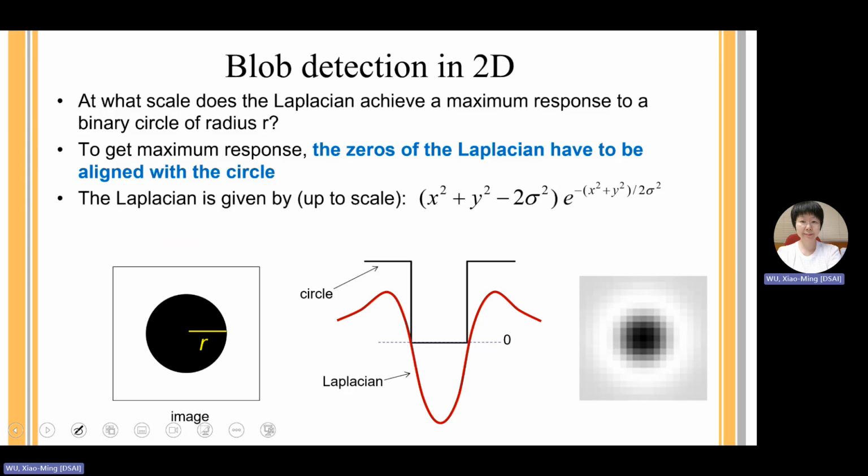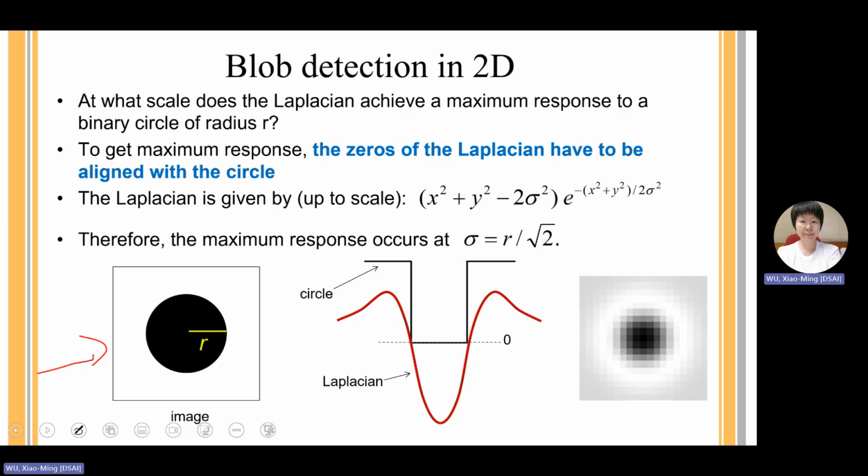Let's explain this. Suppose we have an image like this, and there is a black blob with a bright, white background. The blob size is r, meaning that the radius of the circle is r.